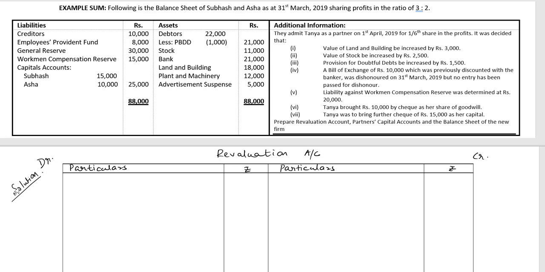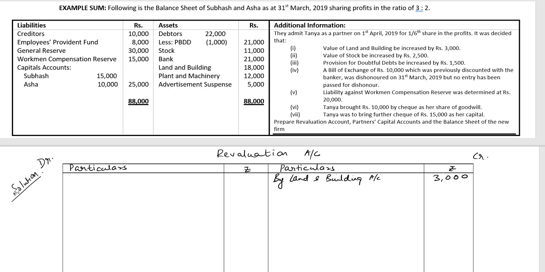The first point says value of land and building be increased by rupees 3,000. So by land and building account, 3,000 rupees.